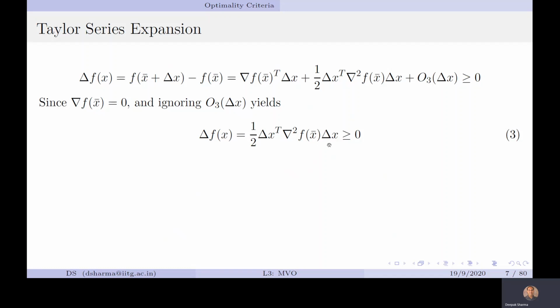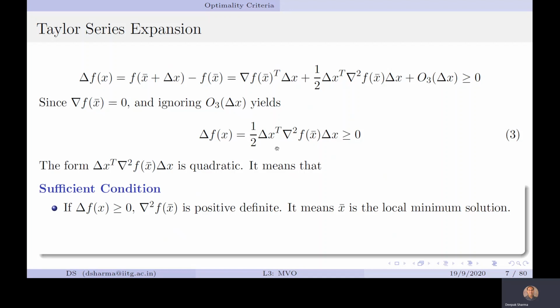So this term has a significance, and we will see how. The term which we have right now is quadratic. It means that it is going to be greater than 0 if the Hessian, the gradient of the gradient function at x bar, is positive definite.